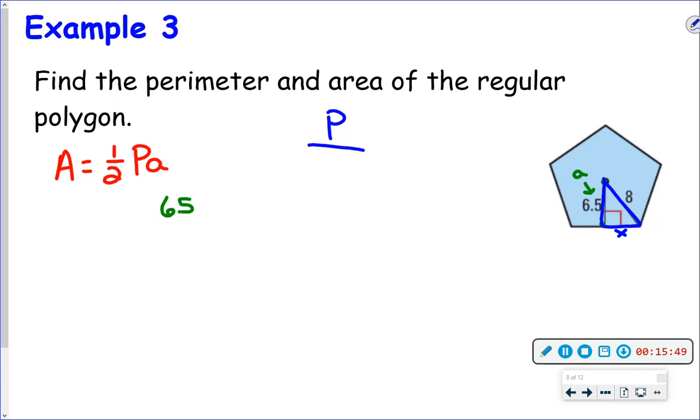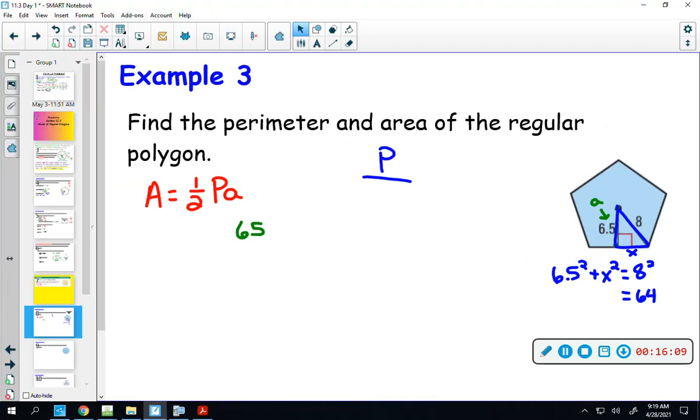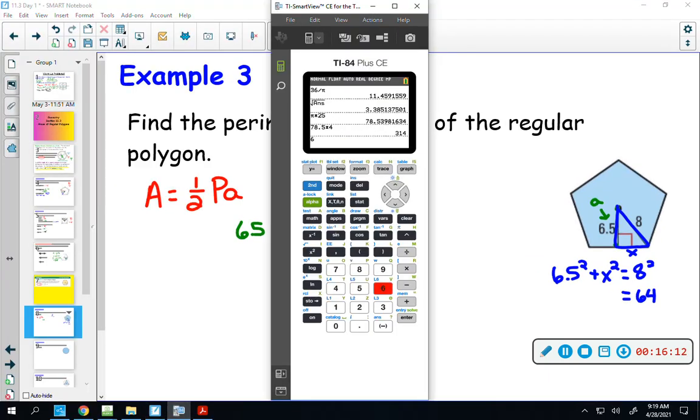Starts with a P. Pythagorean theorem. Side squared plus the other side squared equals my hypotenuse squared. Remember, hypotenuse is the longest side across from the right angle. All right, clearly this is a calculator issue. So let's punch in 6.5 squared. Fire up the calculator, 6.5 squared.